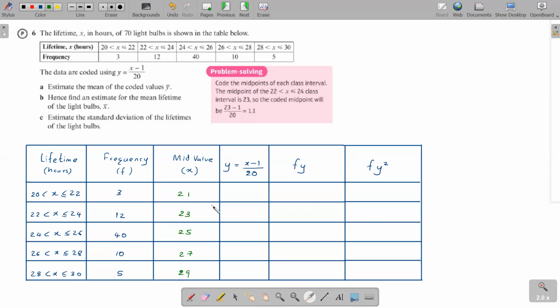So 21 minus 1 over 20. 21 minus 1 is 20, divided by 20. That is 1. Next one, 23 minus 1 over 20. 23 minus 1 is 22. 22 divided by 20 is 1.1.